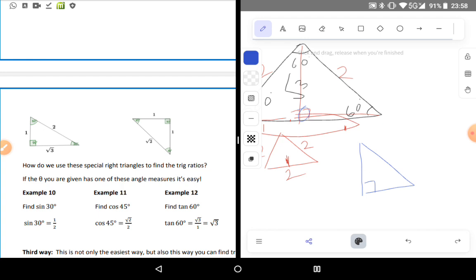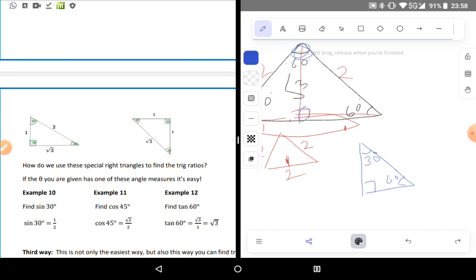Here I still have my complete 60 degrees, and as you can see, the top was 60 initially, but when I divided it into two equal parts with this red line, it's now shared into two equal parts. So now I'll have 30 degrees on this side.